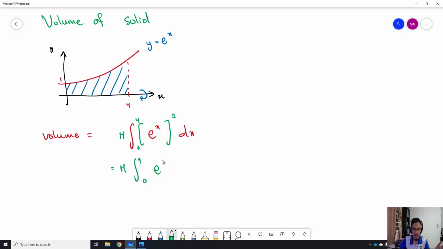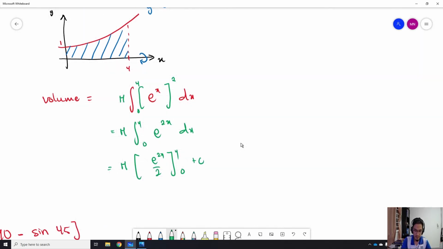So e to the x becomes e to the 2x dx, so equals pi e to the 2x over 2, from 4 to 0, plus c. Alright, just like usual, we substitute 4 into the equation.